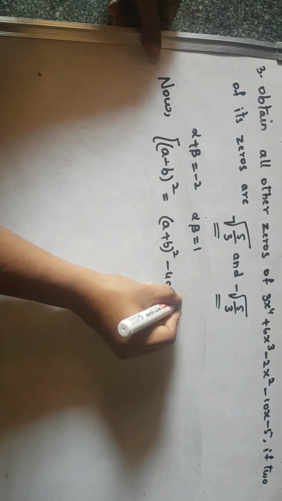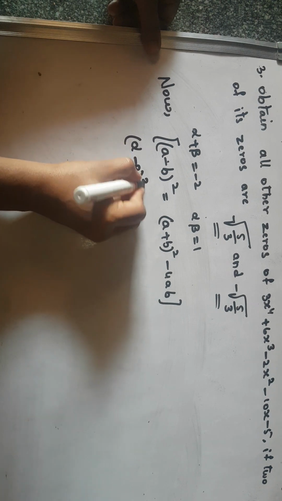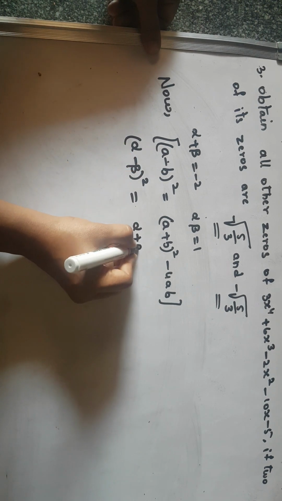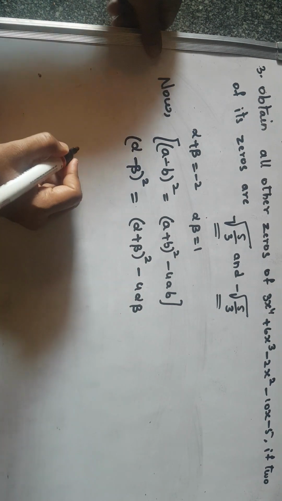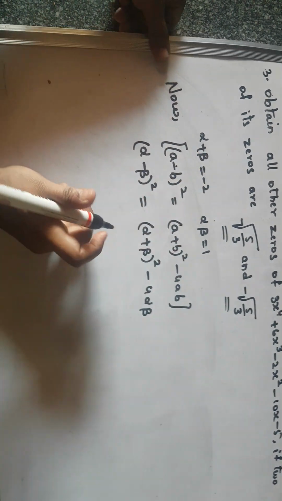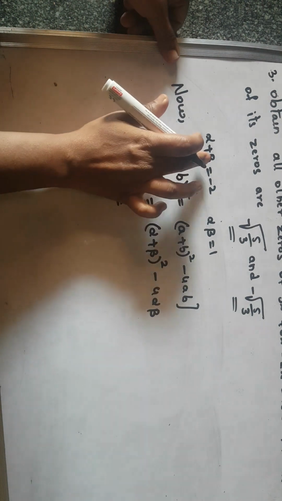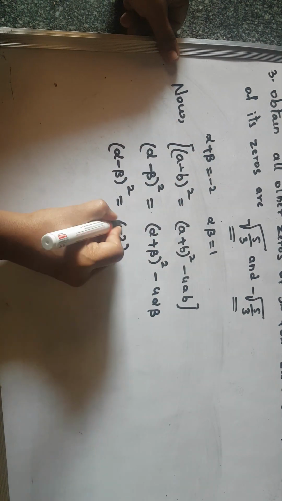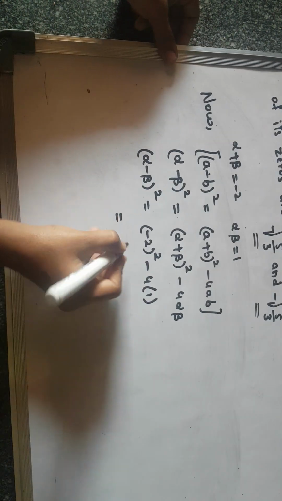Now write in terms of alpha and beta. Alpha minus beta whole square equals to alpha plus beta whole square minus 4 alpha into beta. Now substitute these terms. Alpha minus beta whole square equals to alpha plus beta value minus 2 whole square minus 4 into 1.